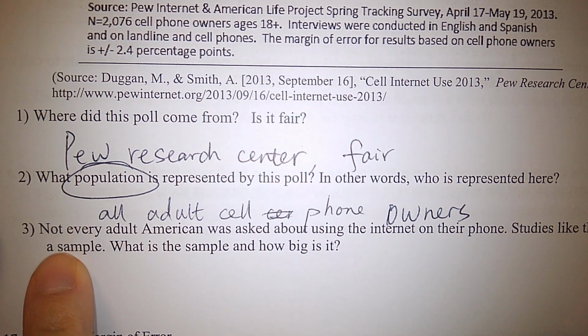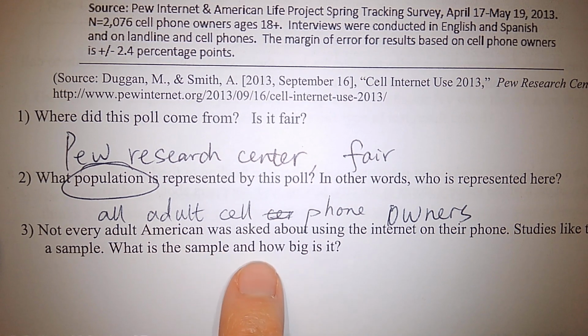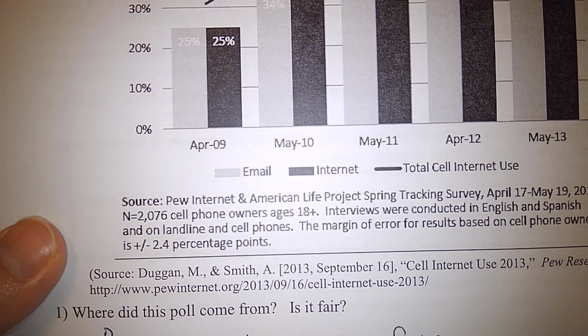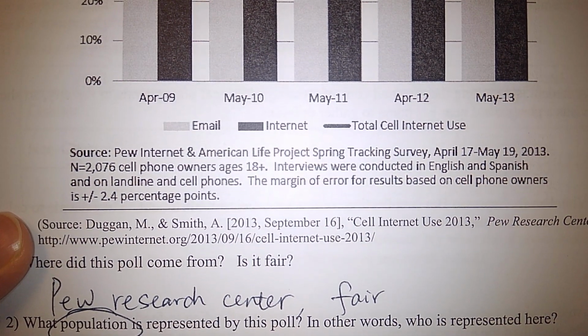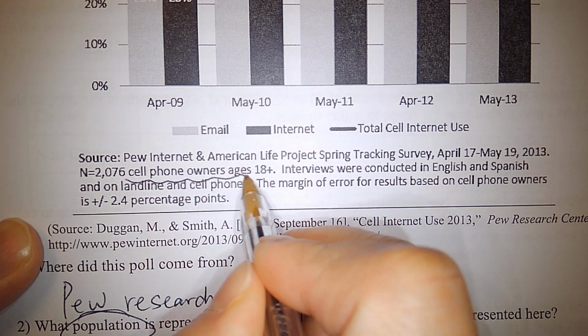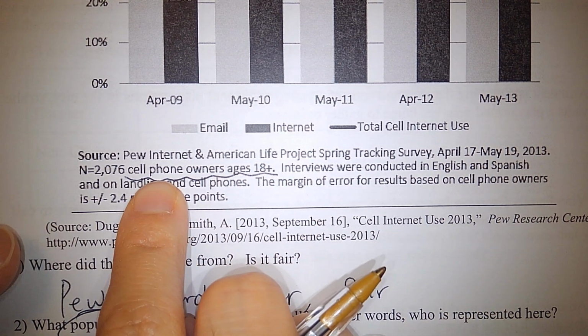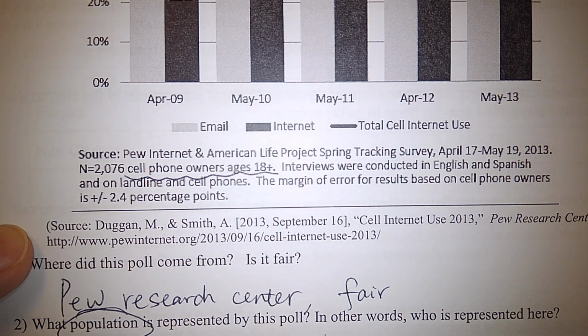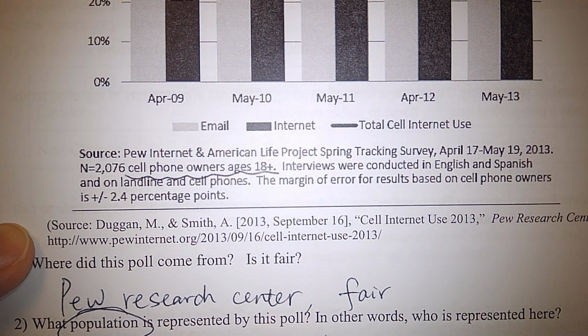A sample. So what is a sample and how big is it from this survey? What is the size of the sample? How many adult cell phone owners did we survey? 2,076. We're not able to survey everybody. We want to study everybody, but we're not able to.